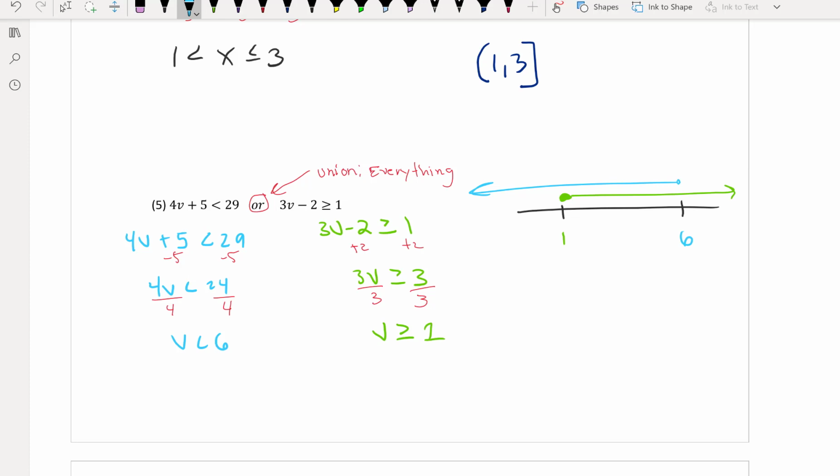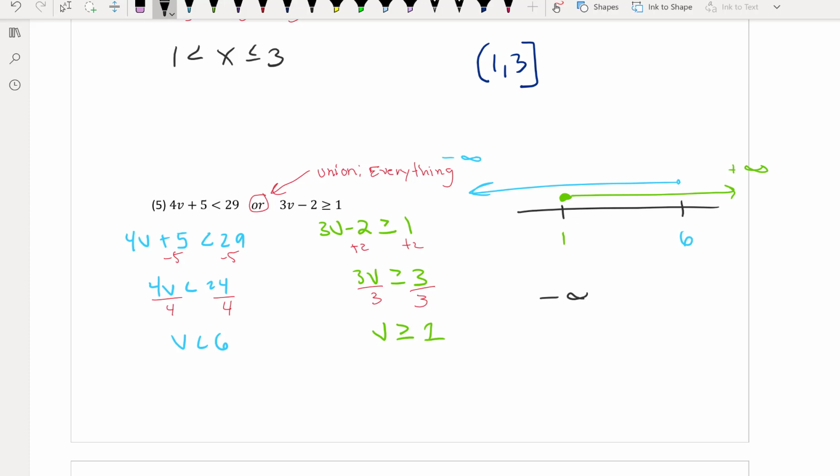You can think of it as, well, your blue equation is going towards negative infinity, and your green equation is going towards positive infinity, right? Beyond 6 is 7, 8, 9, 10, 100, 1,000, a million, a billion, eventually infinity. Same thing with 1, right? You're going to go to 1, 0, negative 1, negative 2, negative 100, negative 1,000, all the way down to negative infinity. So both of these blue and green lines are stretching infinitely in both directions of this number line. So what that tells us is that it's going to be all numbers.